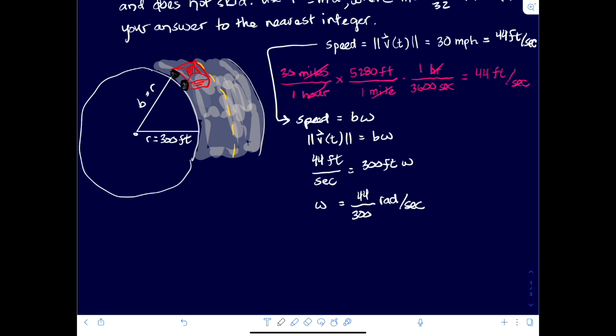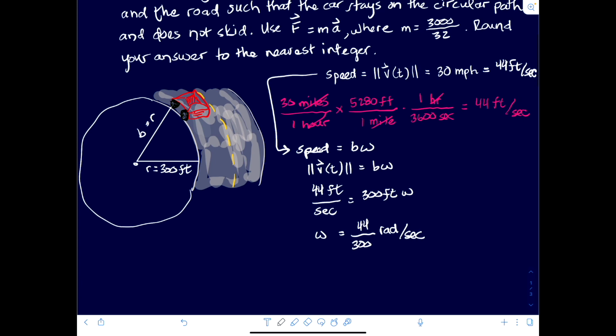Now, our force will end up being m times our acceleration vector, right? But we want the magnitude of all of that. That's why we're getting magnitudes, right? Because to get the actual force and not just the force vector, you want the magnitude of your force vector.